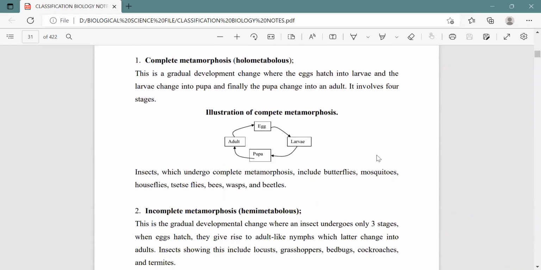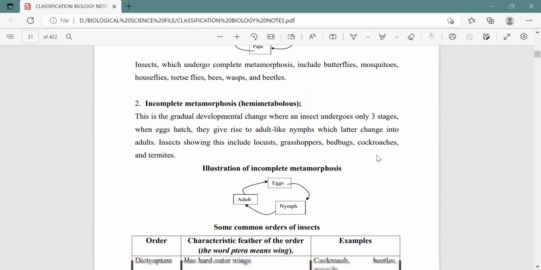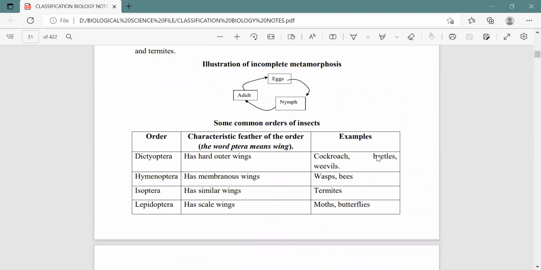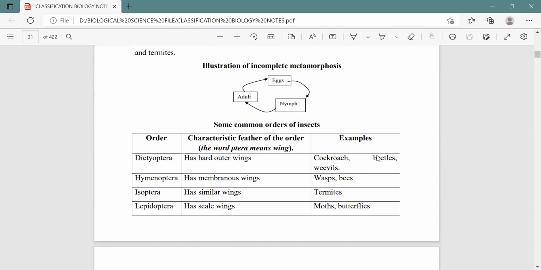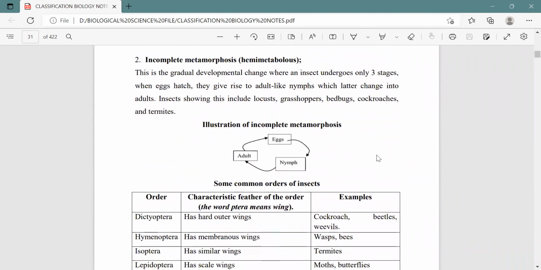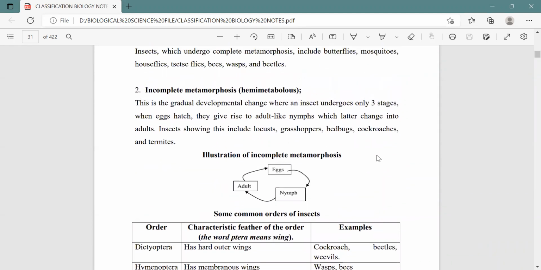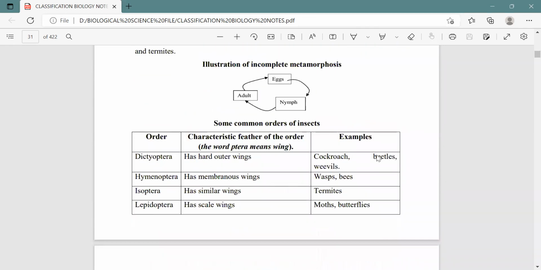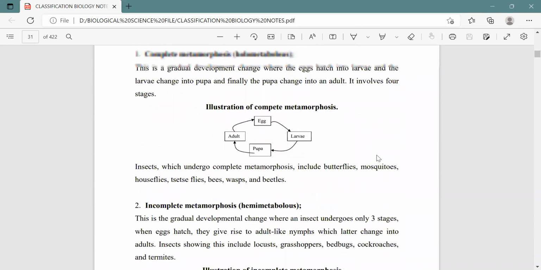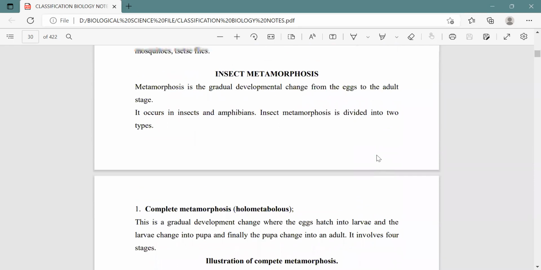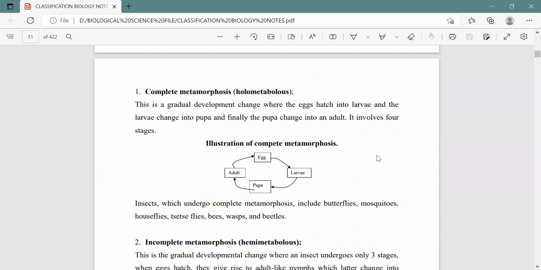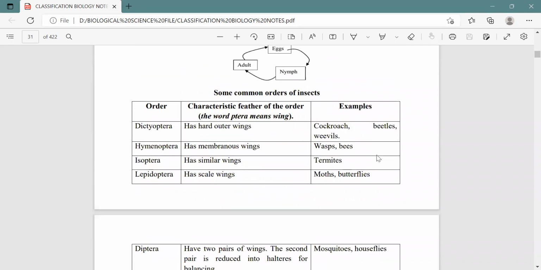Metamorphosis, we may not go into details of metamorphosis, but what is important for me here is the orders.